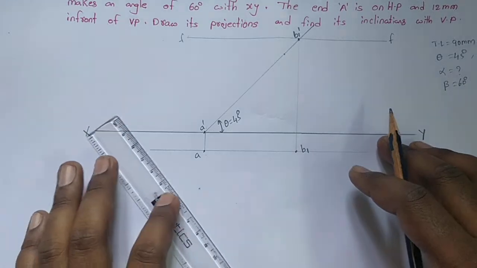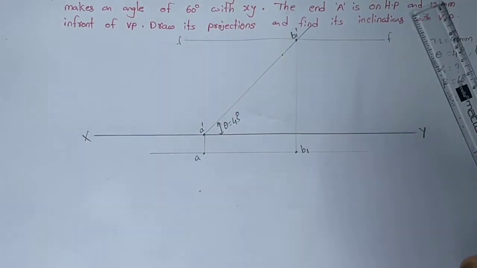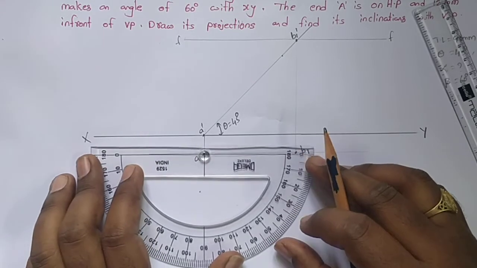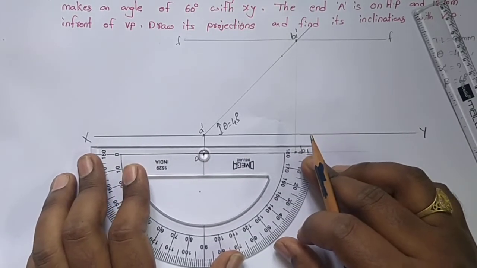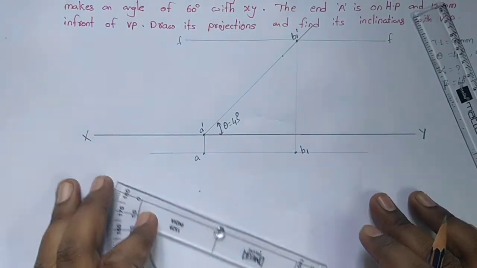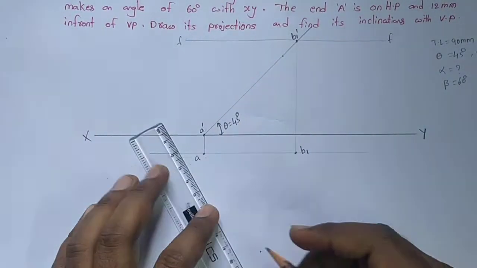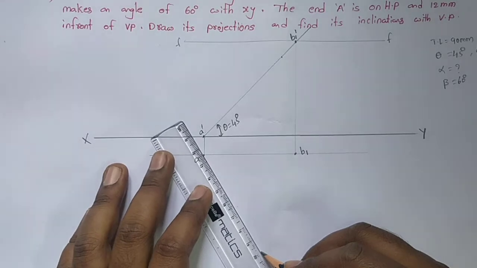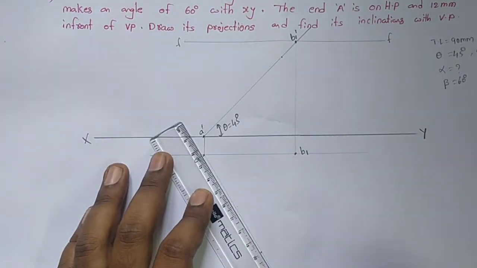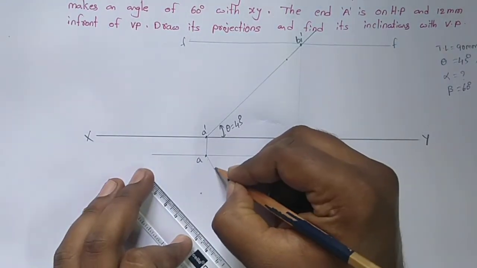Next, similarly, we need to draw one 60 degrees line from the top view start point. Draw a line through this point from A. It is the 60 degrees line.